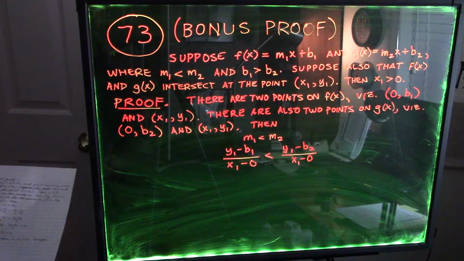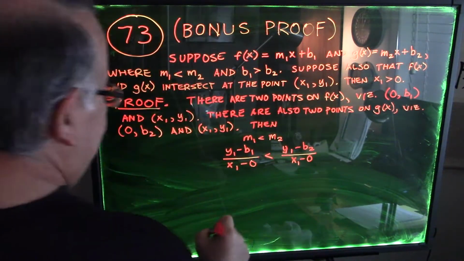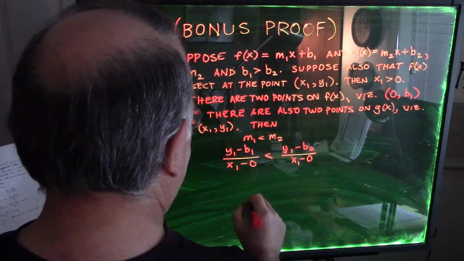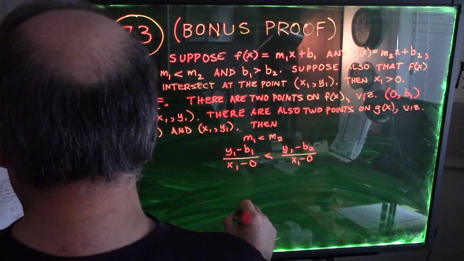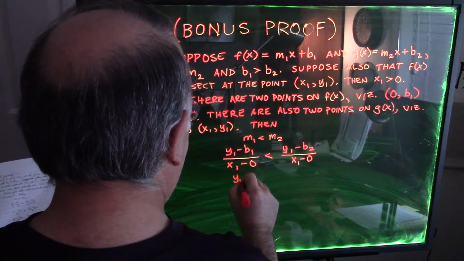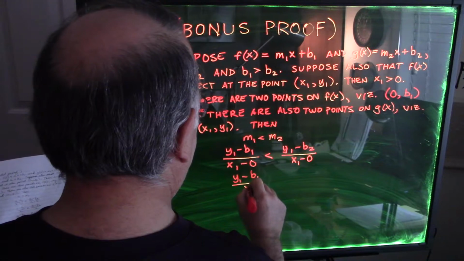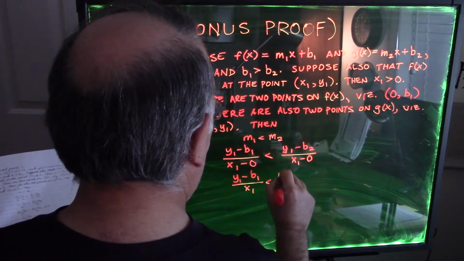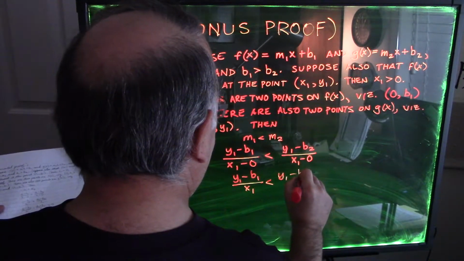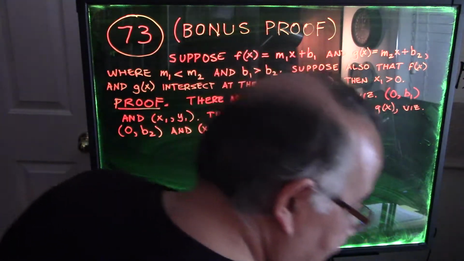That's how we proceed in these proofs. Everything has to work, everything has to be true. All right, so let's simplify it a little bit. y1 minus b1 over x1 is less than y1 minus b2 over x1.